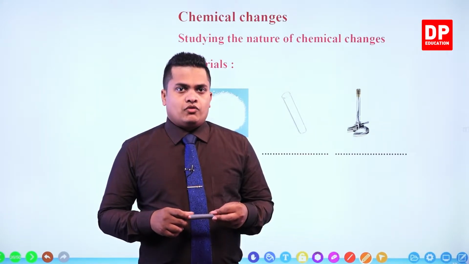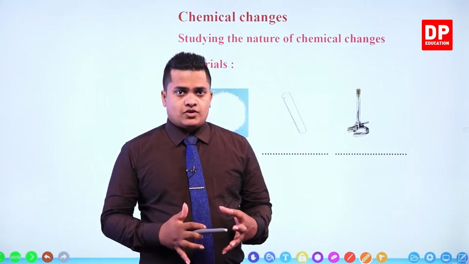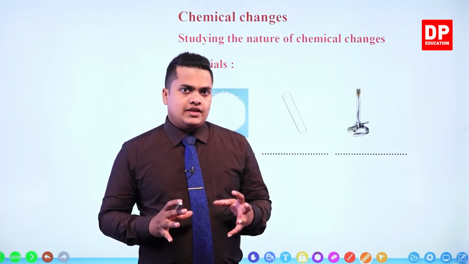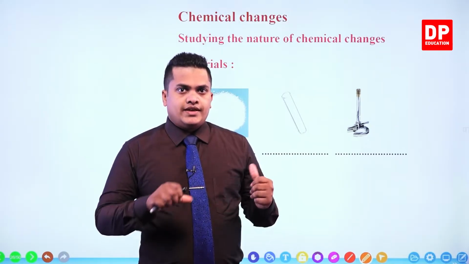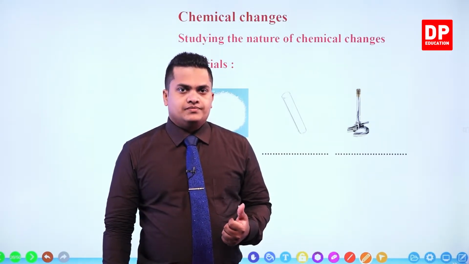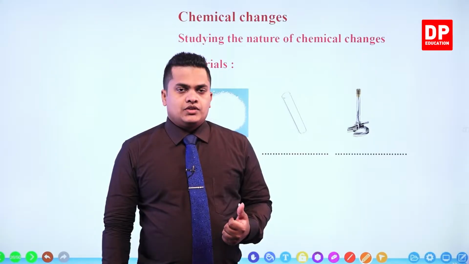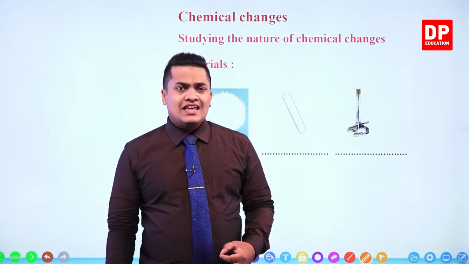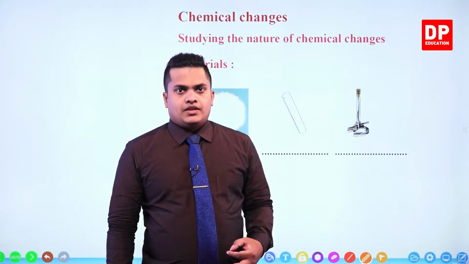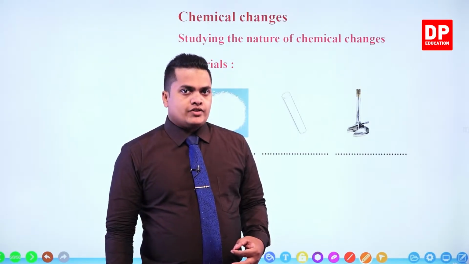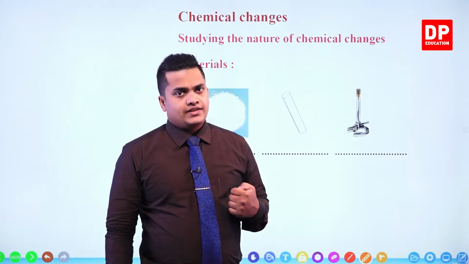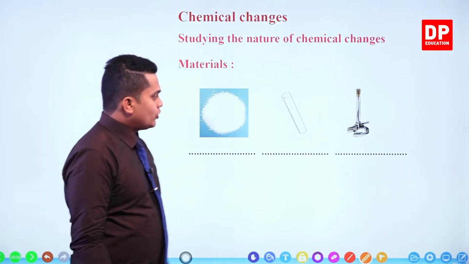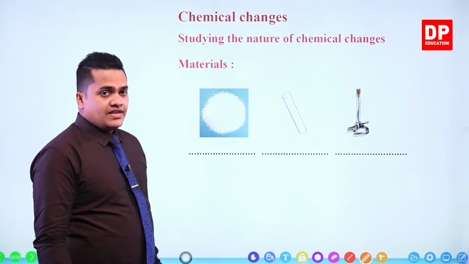Here, formation of a new substance occurs by rearranging the atoms or the matter contained in initial substances. By doing these experiments, we'll be providing several examples of chemical changes and how we can identify them.